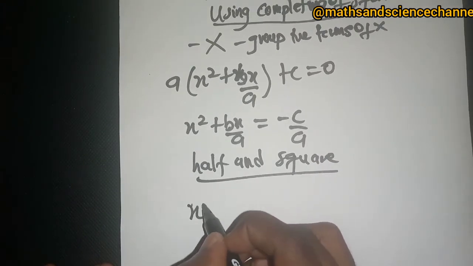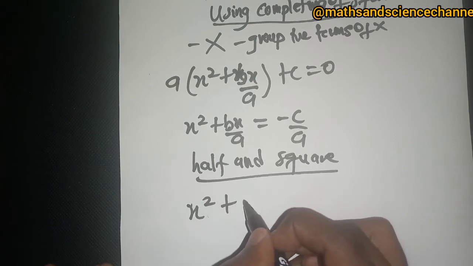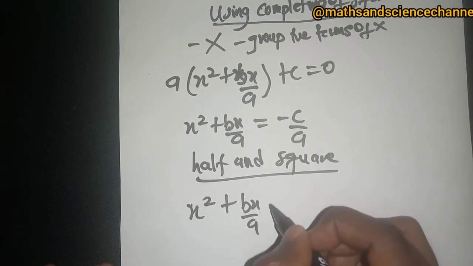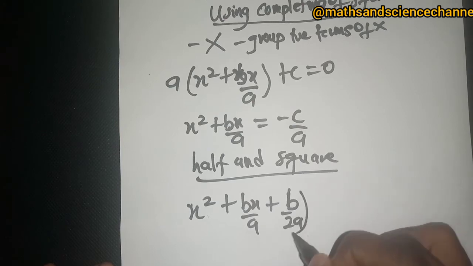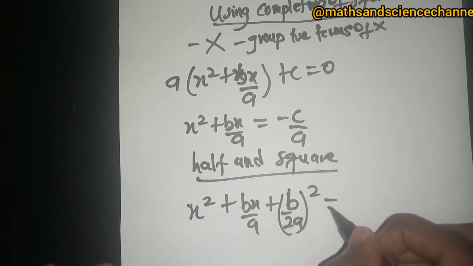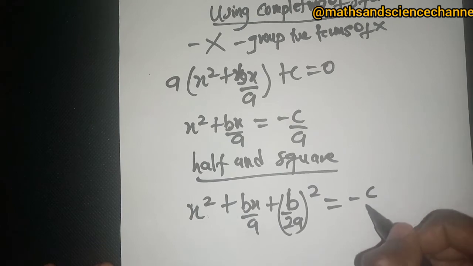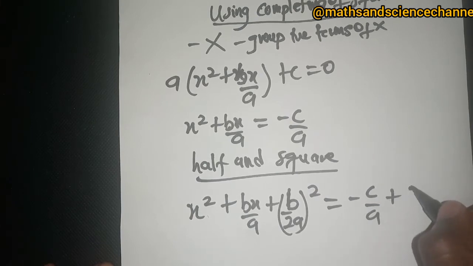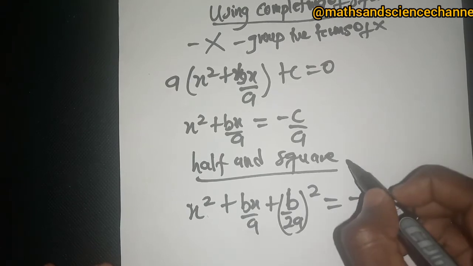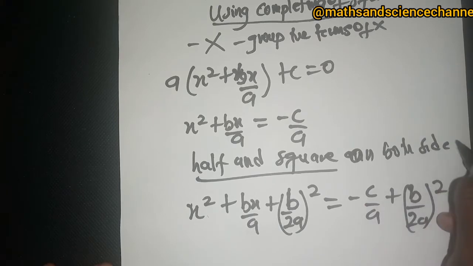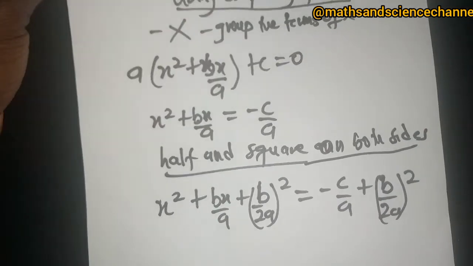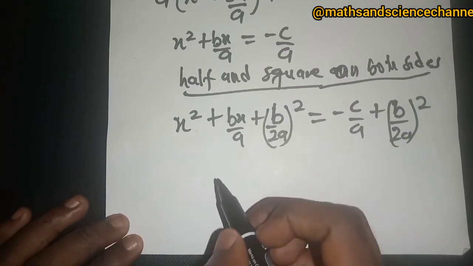Then we have x squared plus bx over a. Let's half that, so we have b over 2a, and then square it, on both sides. So c over a, and then b over 2a, half and square on both sides. So this is what we have now.